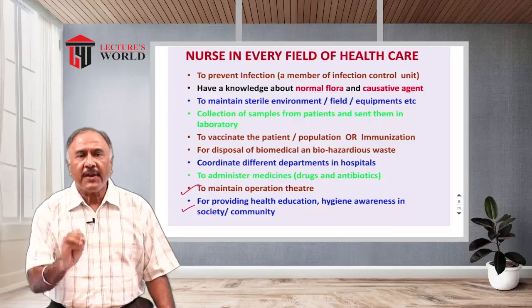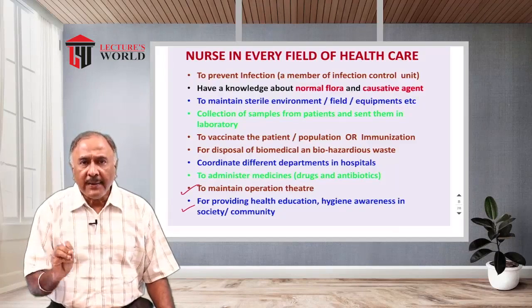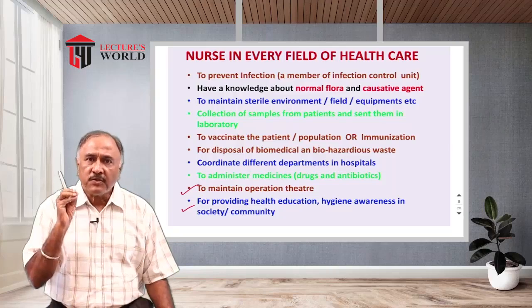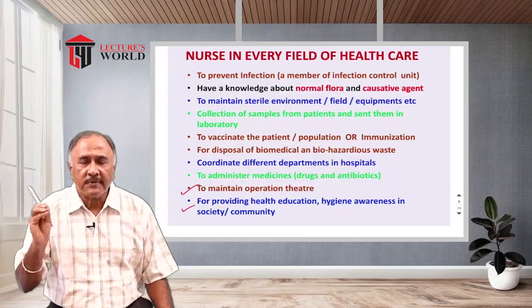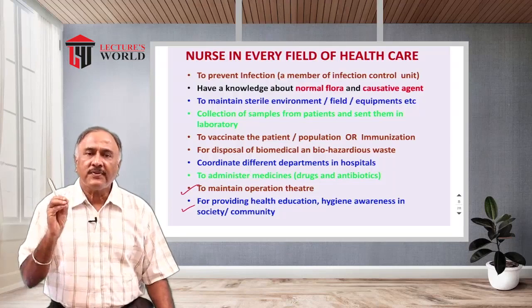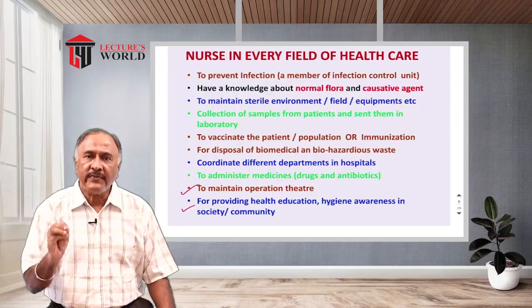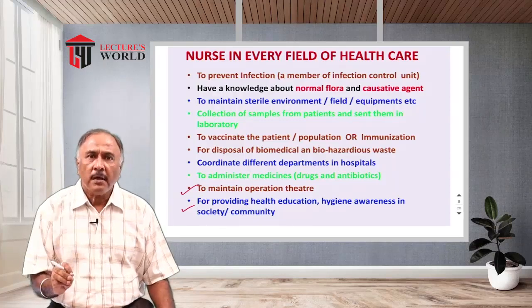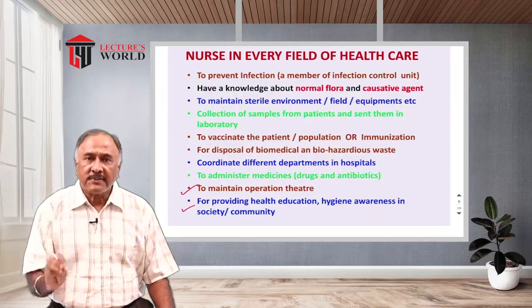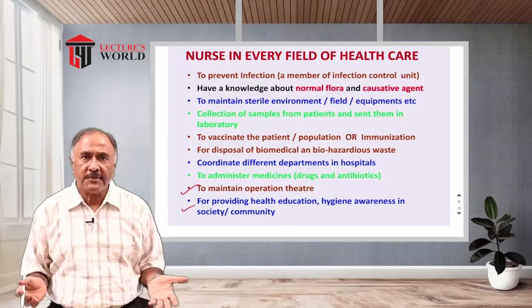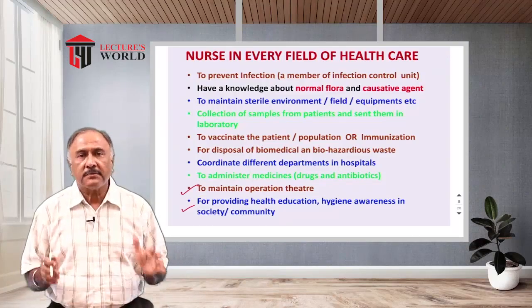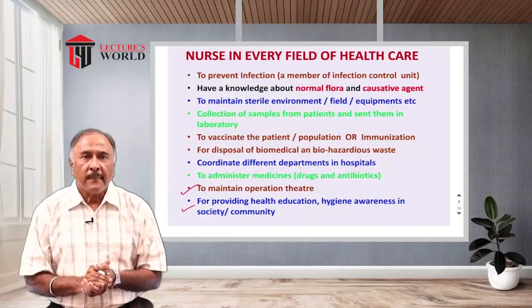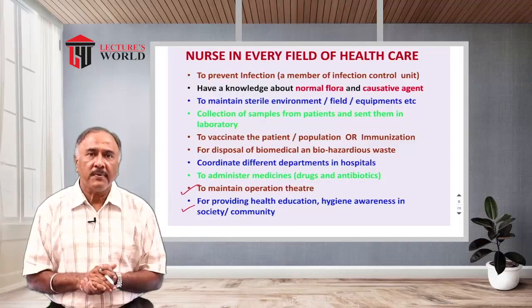Then why did it escape from there? Whatever the lapses were, they must not have followed the standard procedures, or there have been some mistakes which might have occurred during certain procedures. As a result, the virus which was contained in that environment escaped into the external environment. And see the result.